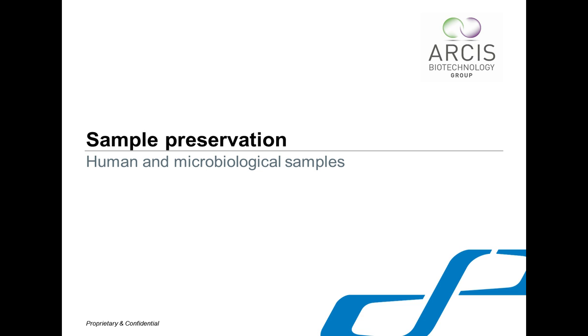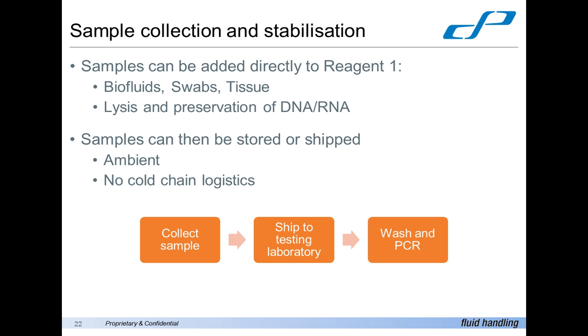So this opens up opportunities to use the kit as a sample collection and preservation system. For example, you can add any biofluid or any sample, be it on a swab, on tissue, on dried card, dried blood, anything. You can add your biological sample to reagent 1 and it will be preserved at room temperature for at least 30 days.